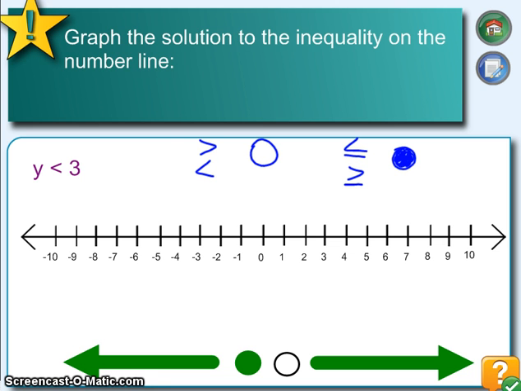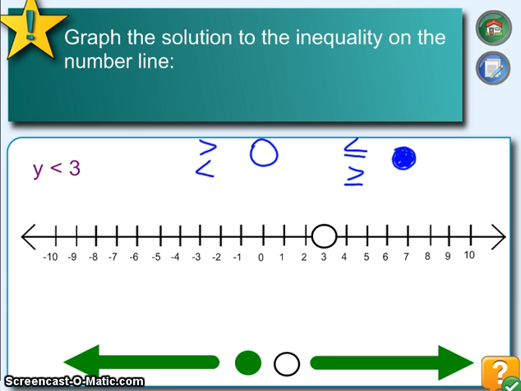The last step to graphing an inequality on a number line is to shade all of the other possible numbers that will work. So in this case, because we're referencing the number 3, but there is no equal sign under the inequality, we're going to take our open circle and place it on the 3.